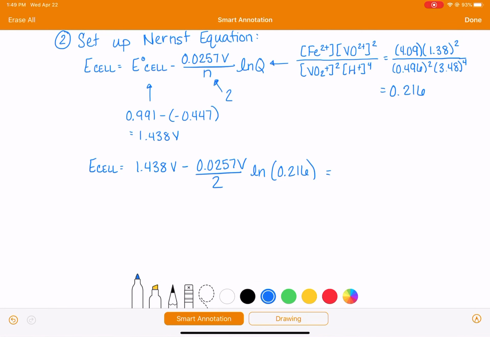I'm going to do the natural log part first. Natural log of 0.216 times 0.0257 divided by 2, and then 1.438 minus that number. And our non-standard voltage is 1.4588 volts. Not a huge difference. There's our answer.